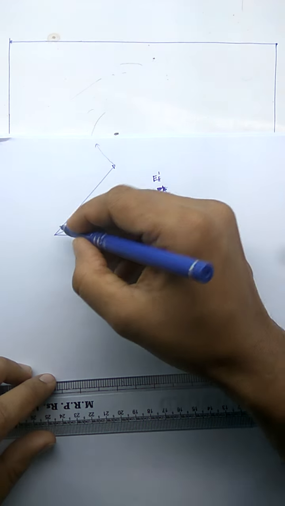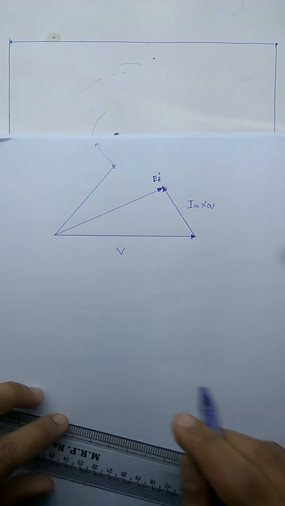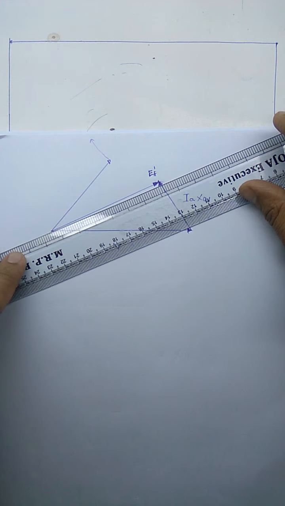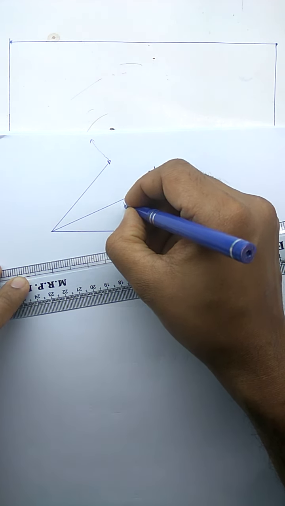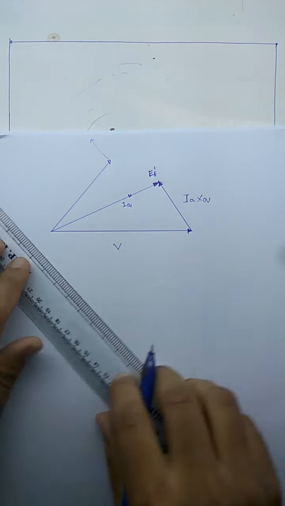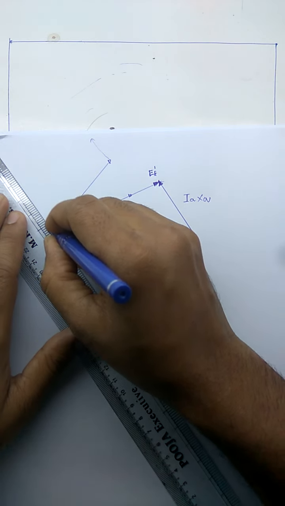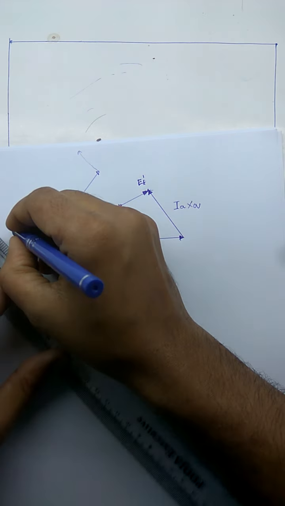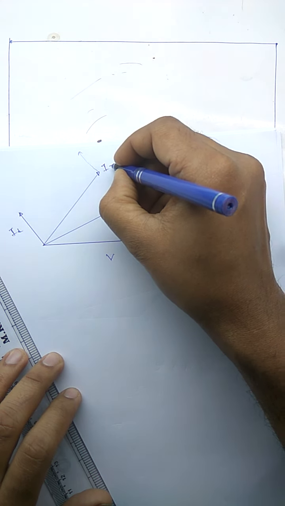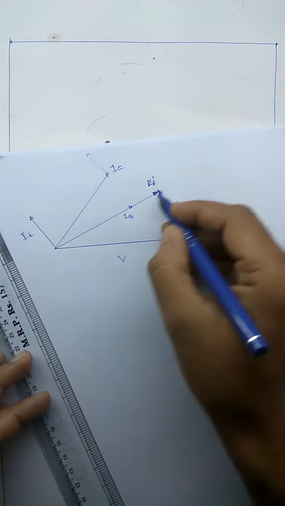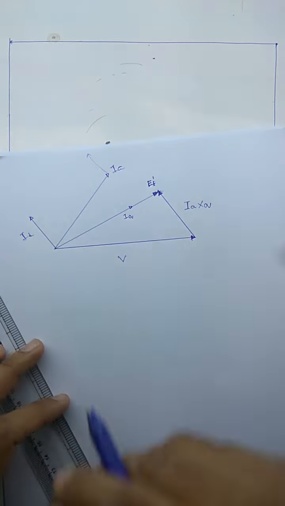Now if this is my I, let me split this I into two components, one along E and another perpendicular to E. This is my IQ and this is my ID.